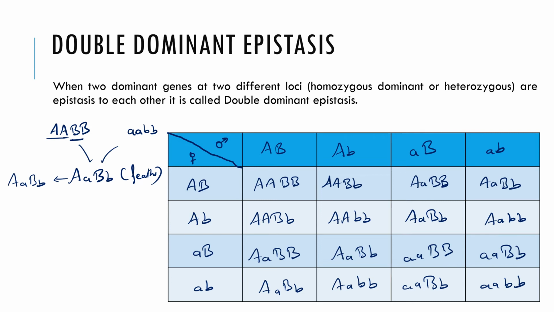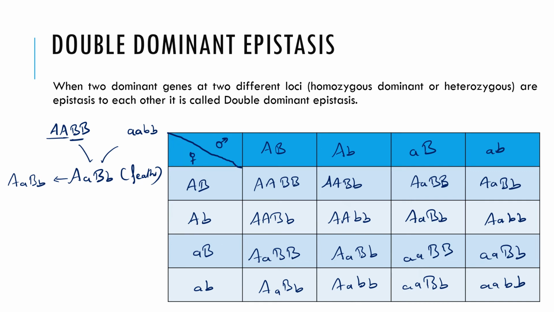Now here the genotypic ratio remains same, that is 1 is to 2, 3, 4, 5, 6, 7, 8, 9, 10, 11, 12, 13, 14. So we'll get the same type of genotypic ratio, but the phenotypic ratio varies.